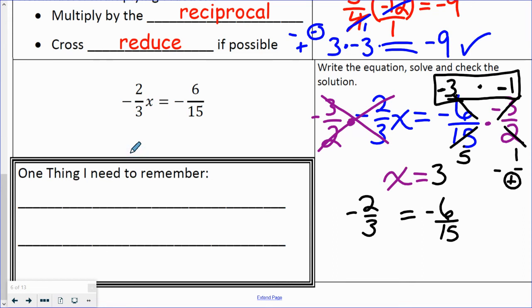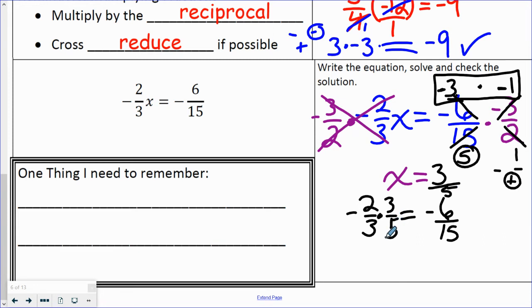Okay. Instead of x, I'm putting 3. I can put 3/1. Oh, you know what? I didn't touch my error. I forgot I had a 5 down here. So it's 3/5. There we go. That's why we check our work.